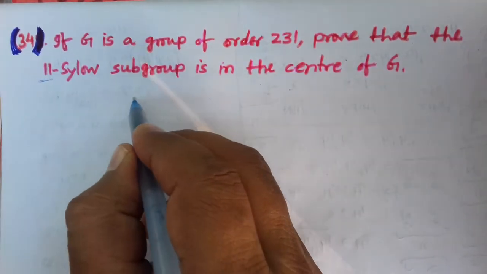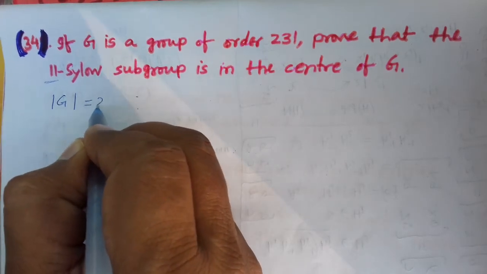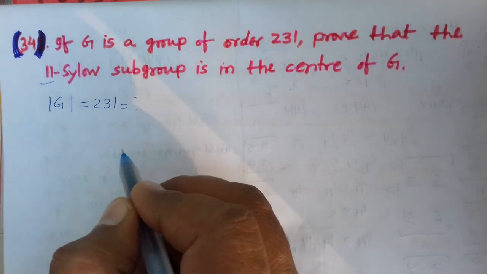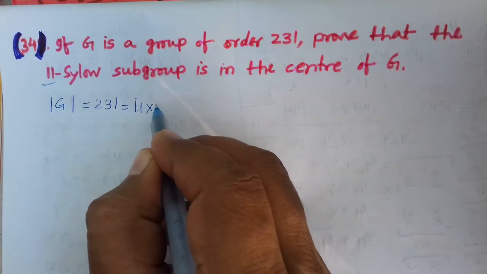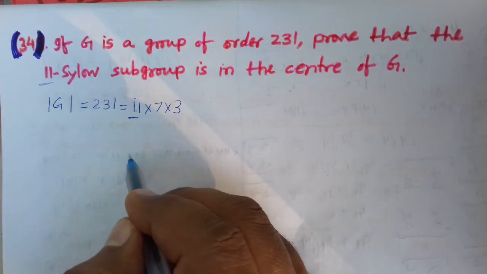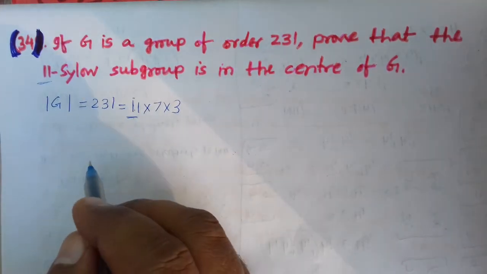Let us proceed. Here, 11-Sylow subgroups. Here the order of G is given as 231, and this can be written in factor form as 11 into 7 into 3. Obviously you see 11, so this group contains an 11-Sylow subgroup.